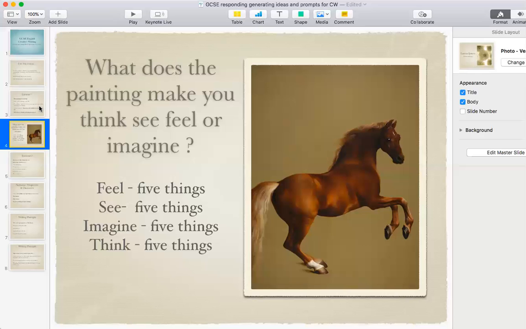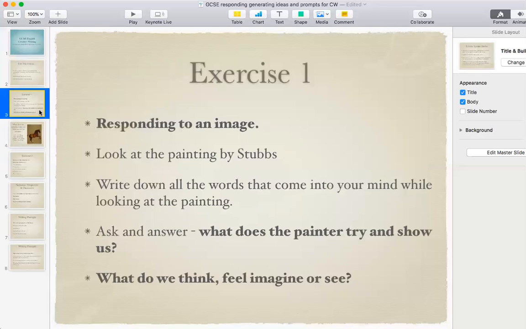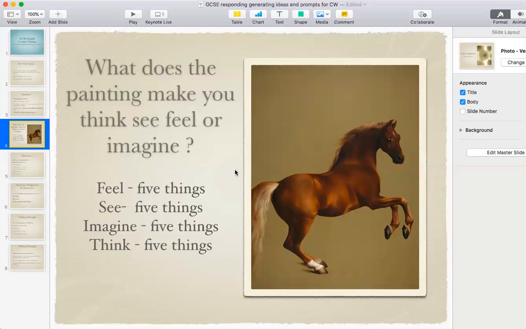I want you to spend some time looking at the picture of Whistlejacket, and answer the first question: what does the painter try and show us? I want you to sink down into the image and look at it and ask, what is the painter trying to show us? Write down the words that come into your mind. It doesn't matter what they are.